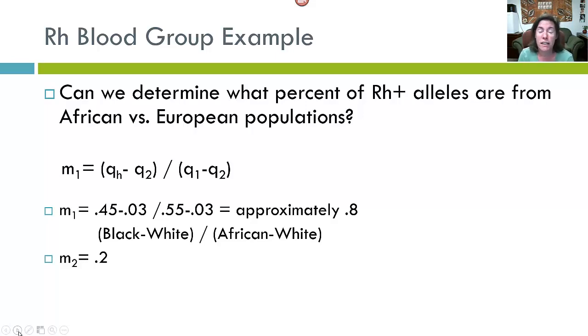And the answer is yes, we can, by solving for M. M1 equals Q of H, the frequency of the recessive allele in the hybrid, minus Q2, the frequency of the recessive allele in population 2, divided by Q1, the frequency of the recessive allele in population 1, minus Q2, the frequency of the recessive allele in population 2.